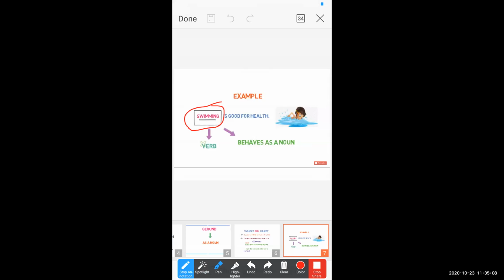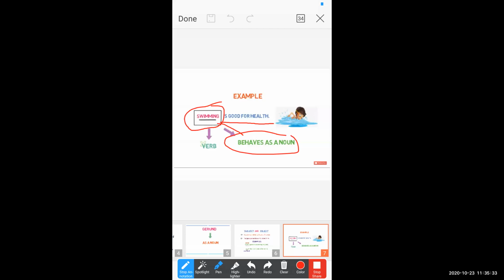So this swimming is called a verb first form plus ing. But if you read the whole sentence, you come to know the word swimming acts and behaves like a noun, because swimming is good for health. So while reading the sentence, you can see this word behaves as a noun.